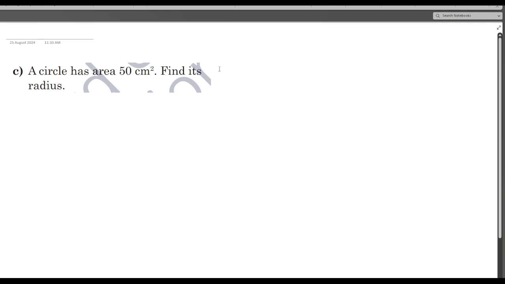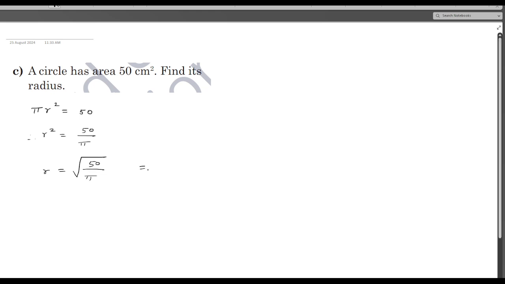The circle has area 50 centimeter square. Find its radius. So now area is given, that is pi r square is given, which is 50. So therefore r square is 50 divided by pi, and therefore r is the square root of 50 divided by pi.